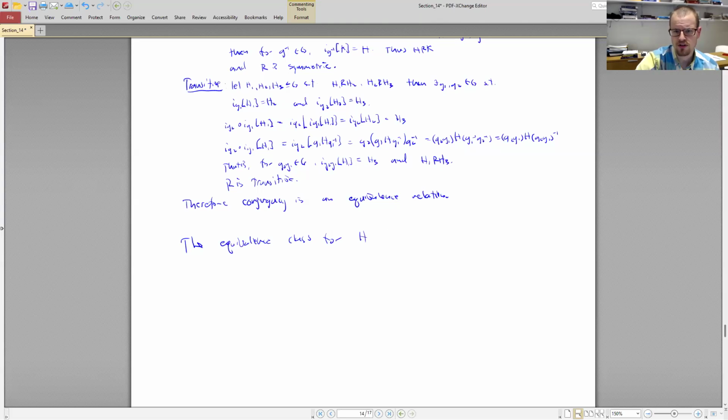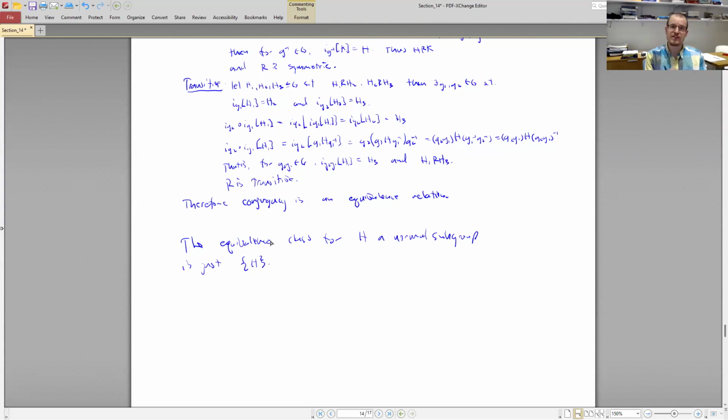for H, a normal subgroup, is just H. Okay. So an equivalence class is a set of things, and this set of things is the set of subgroups that are conjugate to one another.